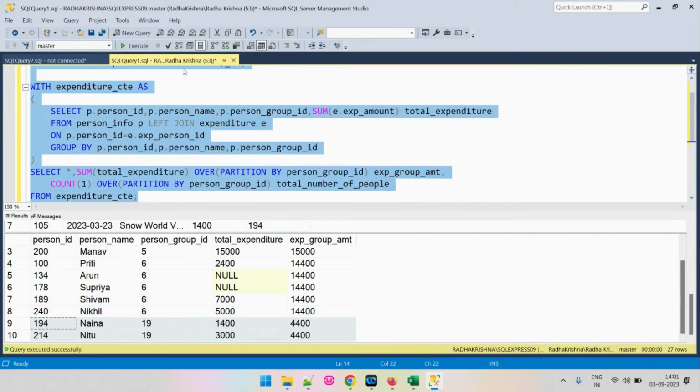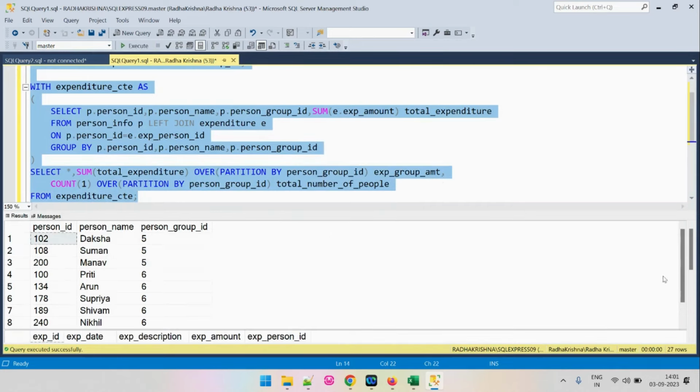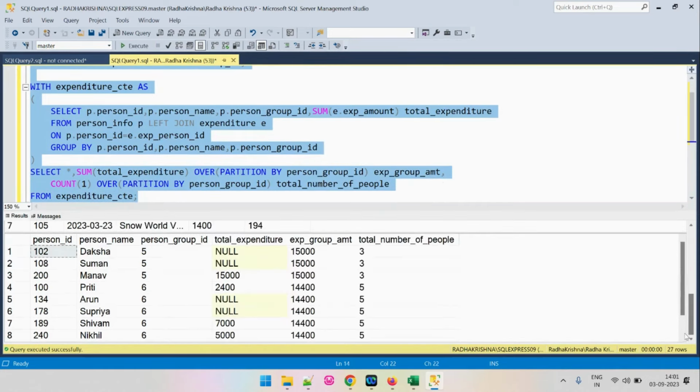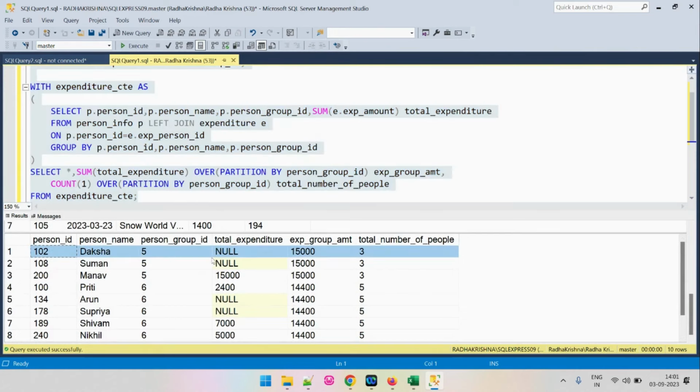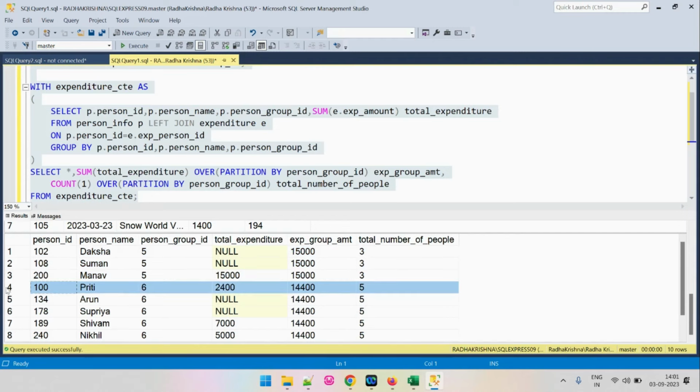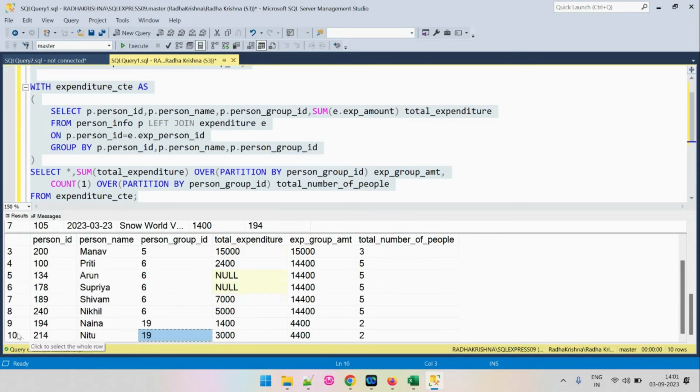So let's run and just see the output. What do we get? As we see, for each of the entries, we now know how many people belong to the group. Now to find the equal amount of share, what do we simply need to do? We need to divide the total group amount by the number of people in that group.